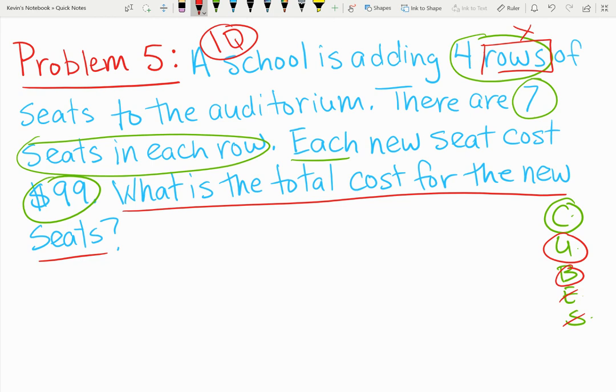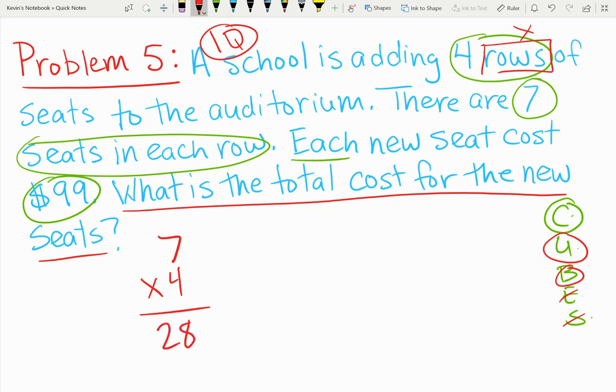So let's evaluate how we do this. We know there are 4 rows of seats in the auditorium, and there are 7 seats in each row. Think of an auditorium. If one row has 7 and there's 4 rows, how do we solve that? We're going to go 7 times 4. We know that is 28 seats.